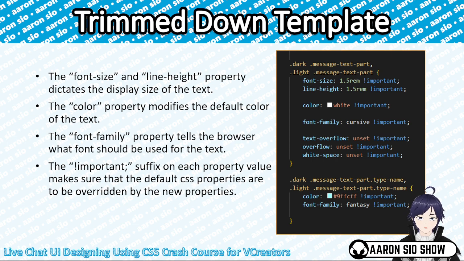So this makes sure that the default CSS properties are overridden by the new properties. Since we already have the default properties, we will be overriding them. So this will ensure that the default properties will be changed.